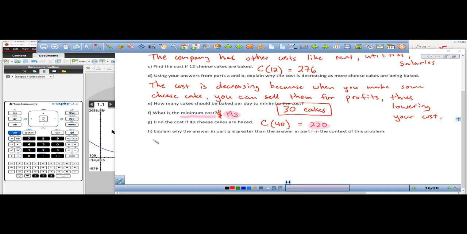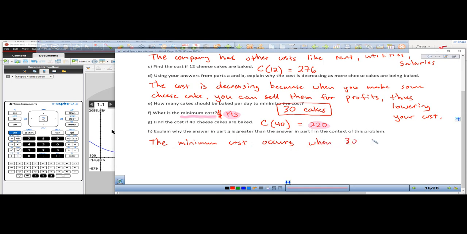The minimum cost occurs when 30 cakes are made.